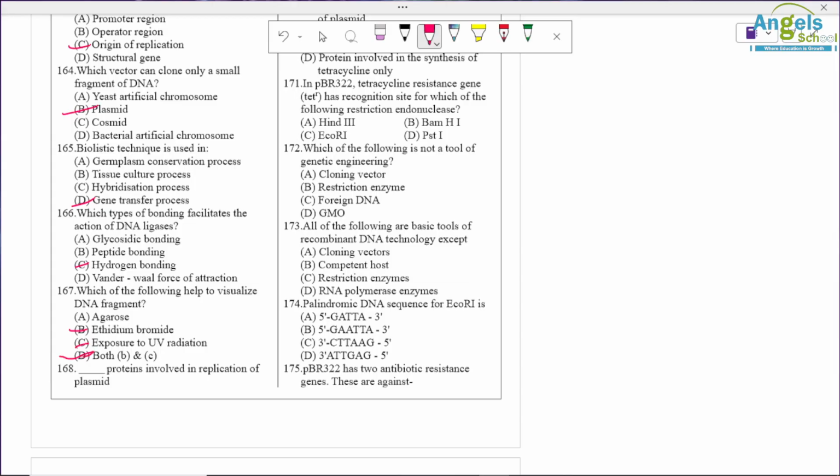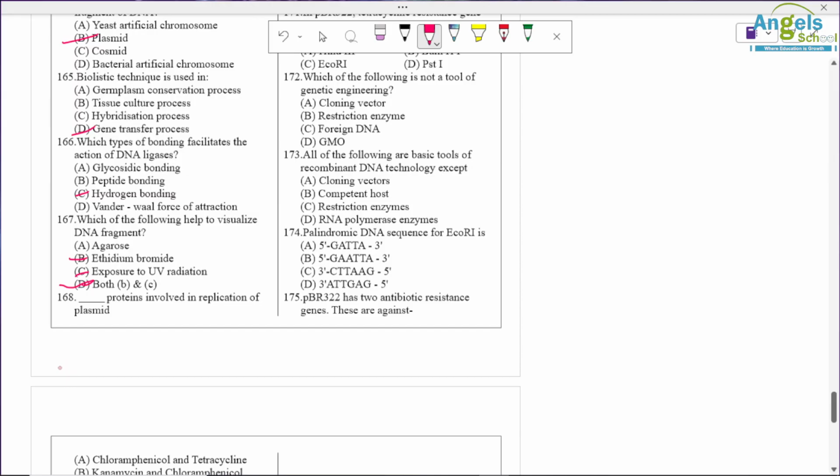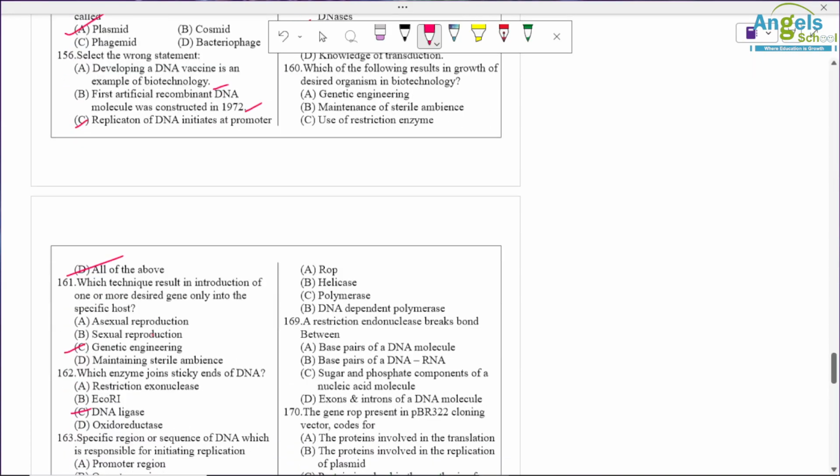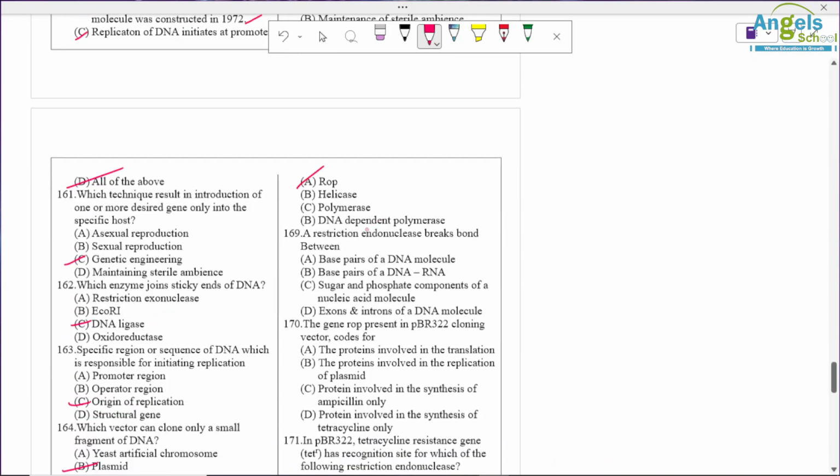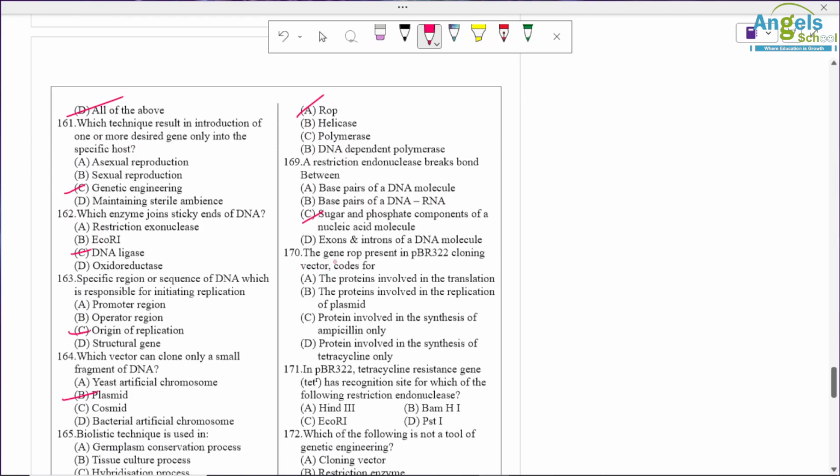So the correct answer is D, both B and C. Question number 168. Protein involved in replication of the plasmid: the replication is through the rop gene. A restriction endonuclease breaks the bond between sugar and phosphate components of a nucleic acid molecule. The rop gene present in pBR322 codes for a protein involved in replication of the plasmid, which is the correct option.